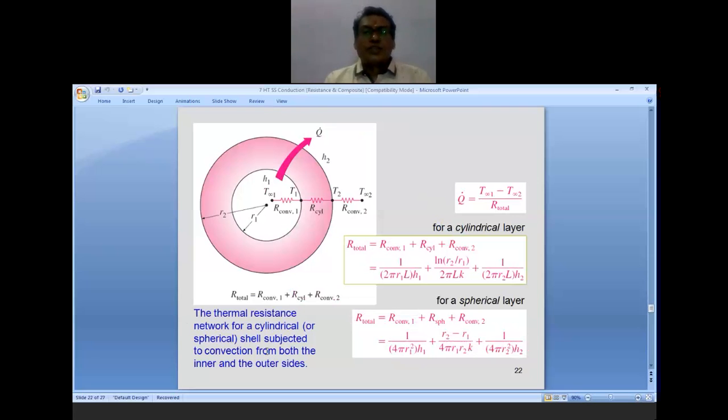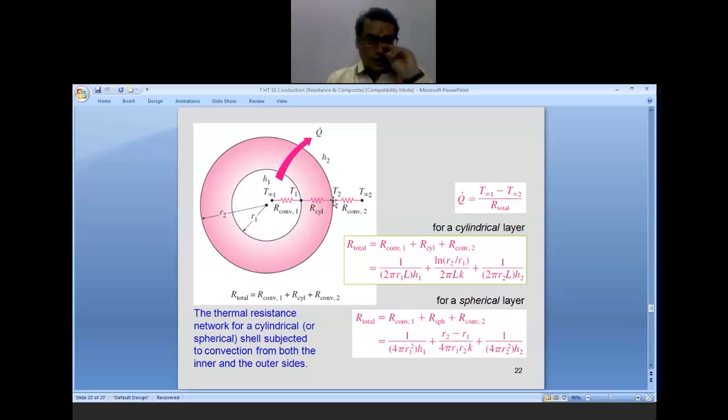So in case of a cylinder, what will be the resistances now? The first is the inner convective resistance, then the cylinder metal wall resistance, and third is the outside convective resistance. Again here T infinity 1, T infinity 2, T1 is the surface temperature, T2 is the outer surface temperature.